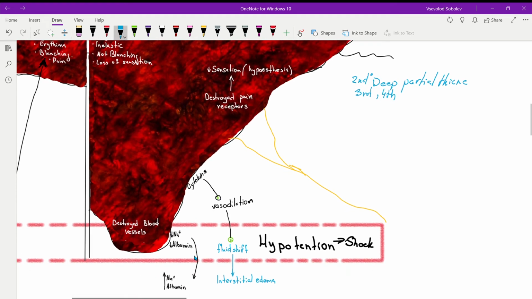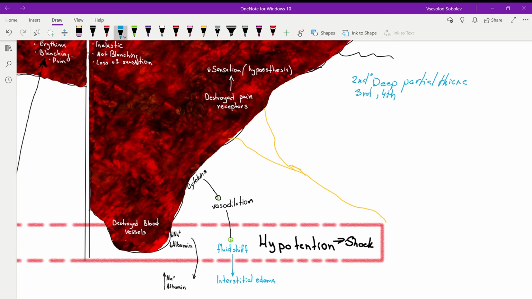Fluid shift will occur not only due to blood vessel dilation, but also because the burn that damaged was so extensive, it damaged the blood vessel and it opened up the blood vessel. So sodium will move out of the tissue and albumin will move out of the tissue, and it will be present in the interstitial spaces.